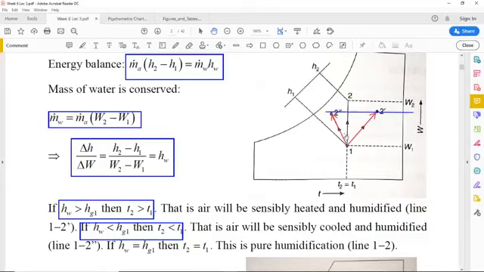And the third one you can see is 1 to 2, in which we reach the same humidity ratio.